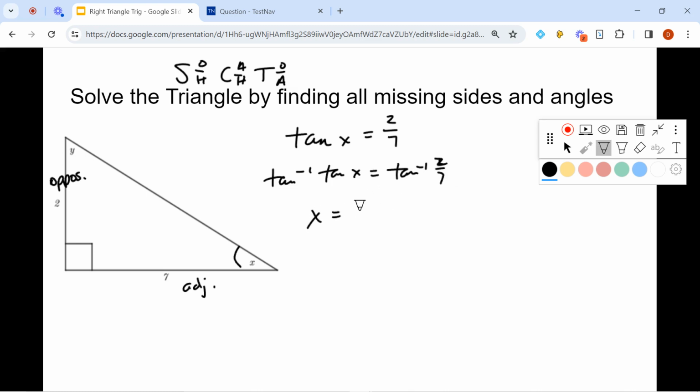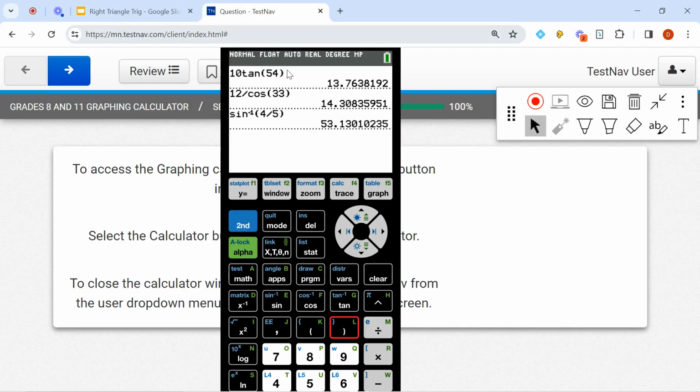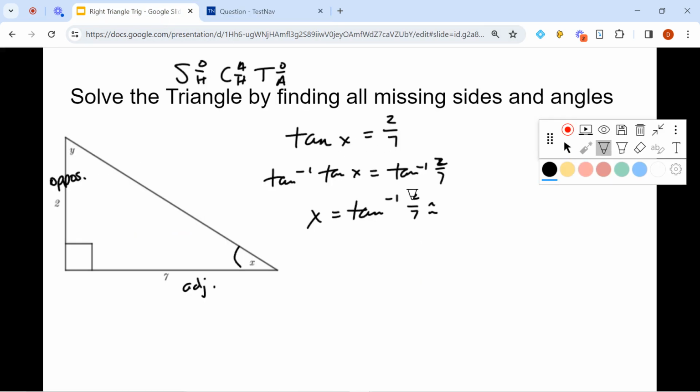So X is the inverse tan of 2 over 7. Let's go into our calculator. We want the inverse tan, that's in blue. Push the second key, inverse tan, 2 divided by 7. Close it out, push enter, and we get 15.94, so 15.9 degrees.